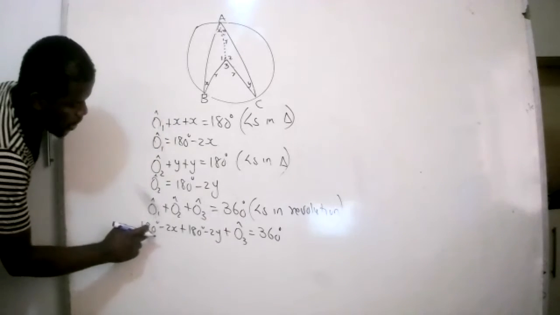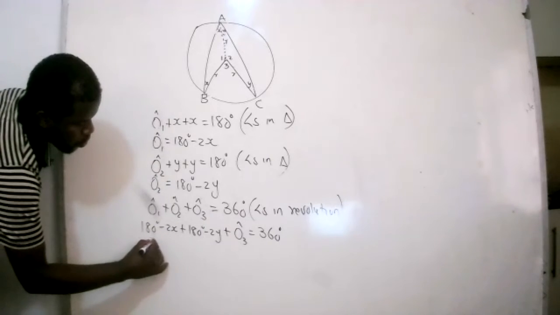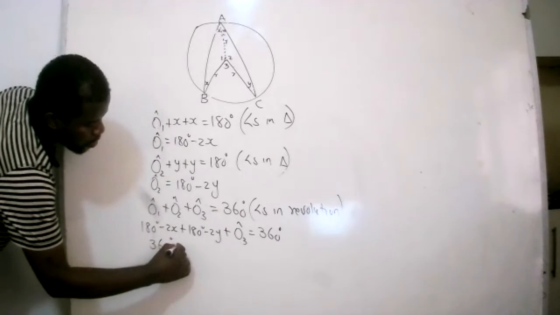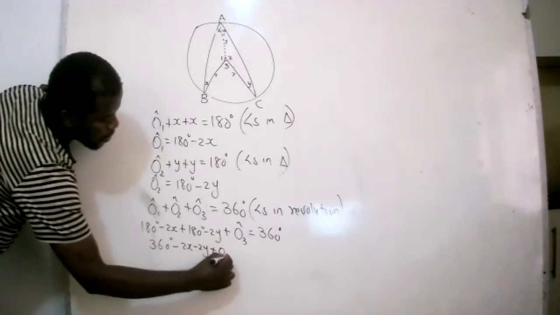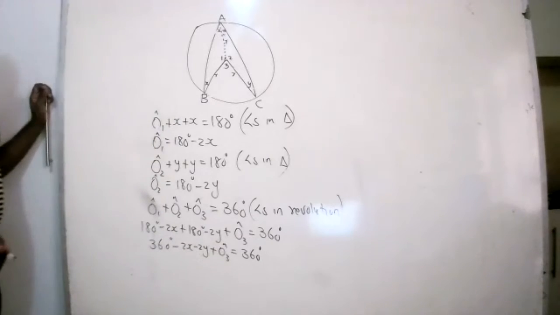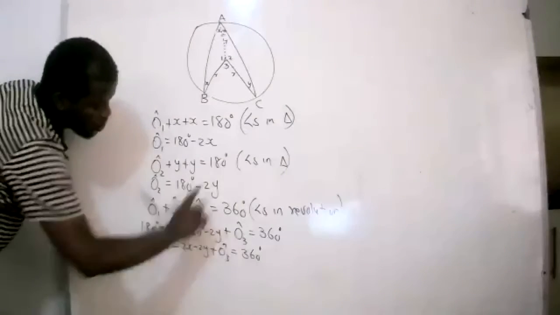And from there, we add this with that. When we add these two, what are we going to get? We're going to get 360 degrees minus 2x minus 2y, and then plus O3, which is equal to 360 degrees. Are we still together? Yes. Then we take all this to the other side.